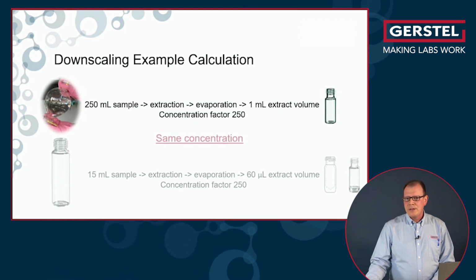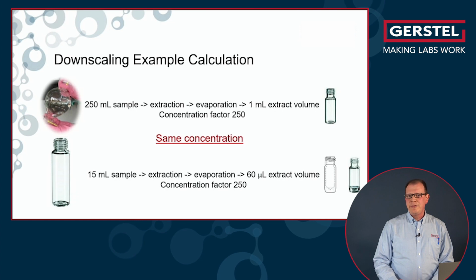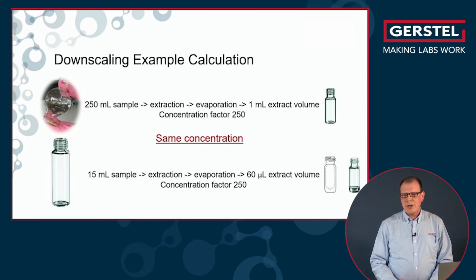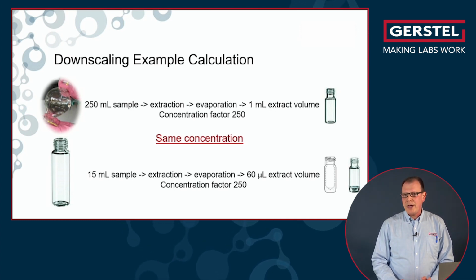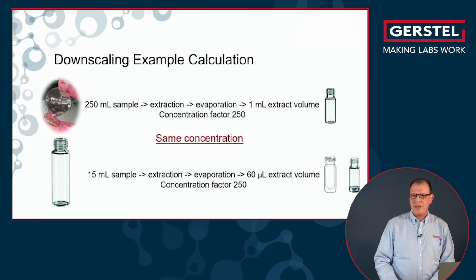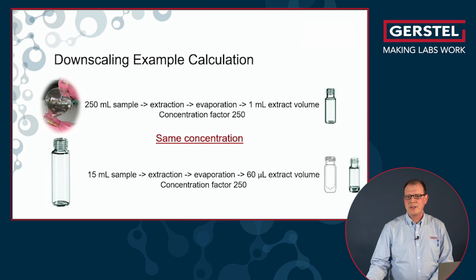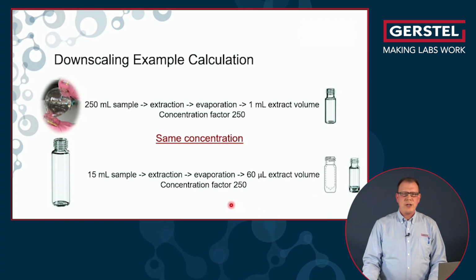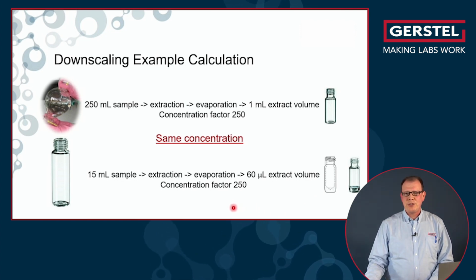If we then scale this down and take only 50 milliliters of sample, again we put on an extraction solvent, we evaporate the extract, and we might now reconstitute in only 60 microliters of extract. And this is possible in these little vials which have a conical bottom. Then again we end up with a concentration factor of 250, which we have achieved above already. So we should achieve similar results.